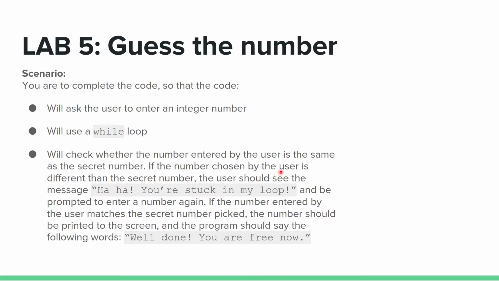What we are simply doing is checking if the guessed number that we'll be collecting from the user is exactly the same as the secret number. Otherwise, we should continue to be in the while loop. I think this is pretty much easy to get. Without wasting much of our time, let us get right into it.